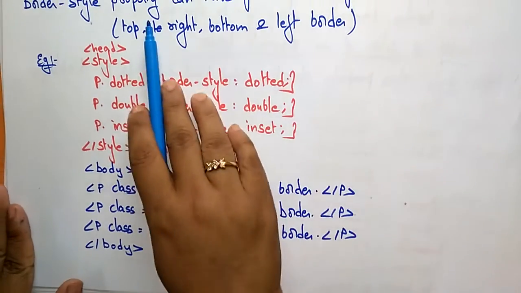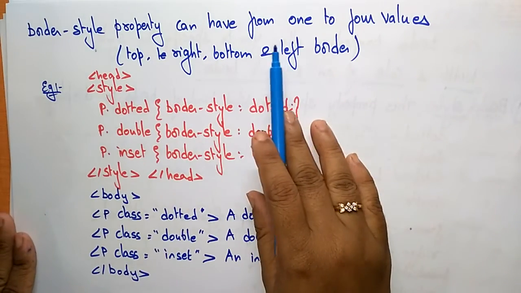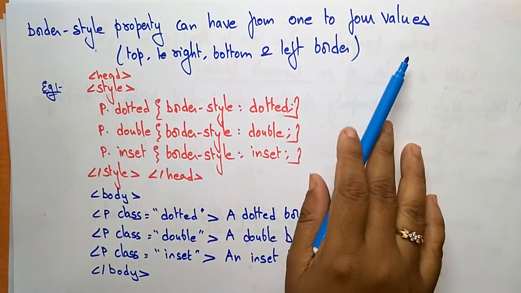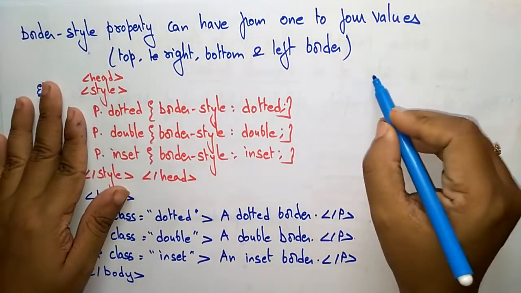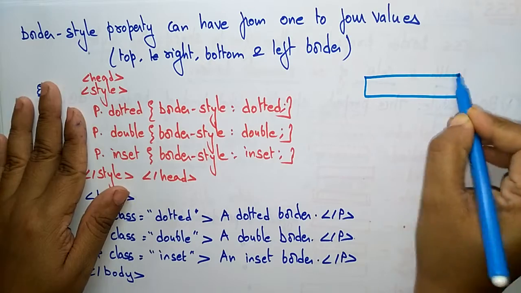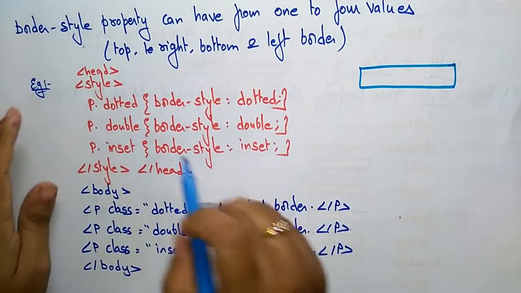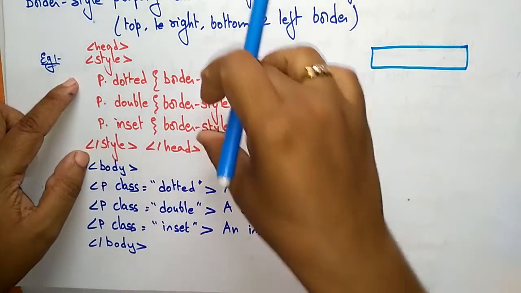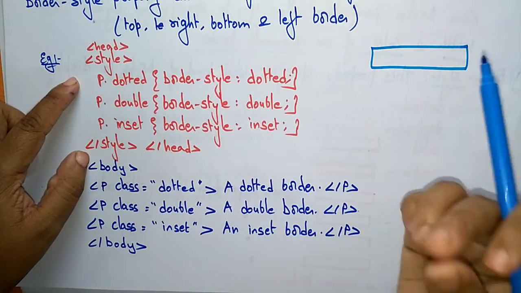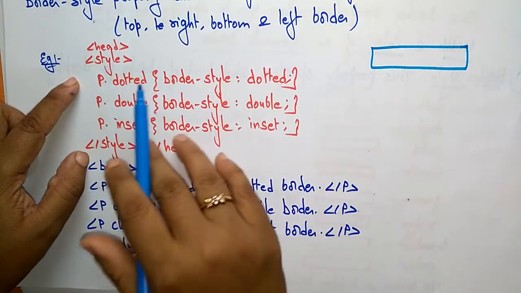The border style property can have from 1 to 4 values, that is top, right, bottom and left. So this is a border. Let's take the program. Everything in the cascading style sheets has to be written in the style tag.